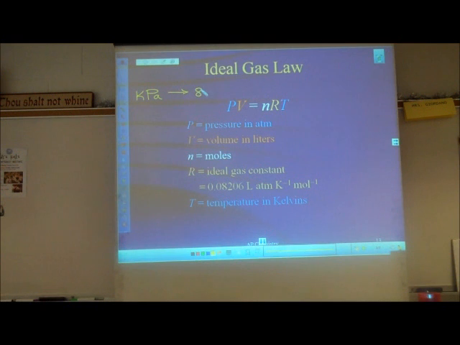Very good memory. 8.314 is the value for R you would plug in. And then there's a new one that I don't think any of you have used before. If your units of pressure are in torr, or millimeters of mercury, which are the same units of pressure, this is the value you use, 62.4.